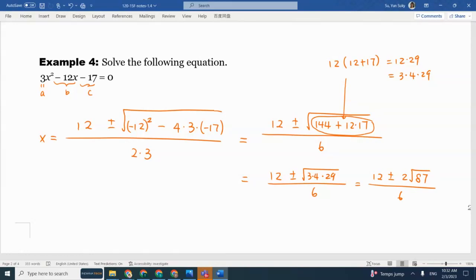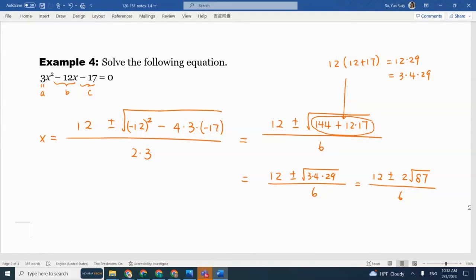By the way, can I cancel the 12 and the 6 and I put a 2 here? Can I do that? Can I cancel the 6 and 12 and I put a 2 here? Oh no. No, because it's plus or minus. So we can only cancel if it's a product.